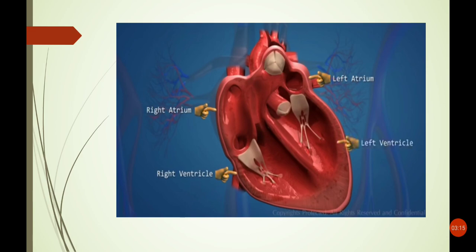We will learn how the blood transports oxygen, how this oxygen is transferred to all parts of the body, and how the deoxygenated blood comes back to the heart and goes out again.